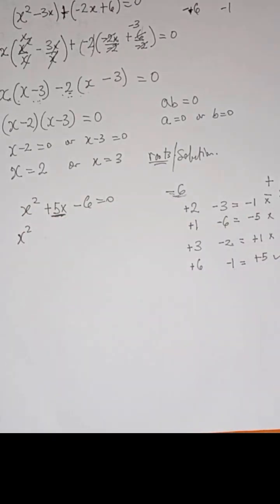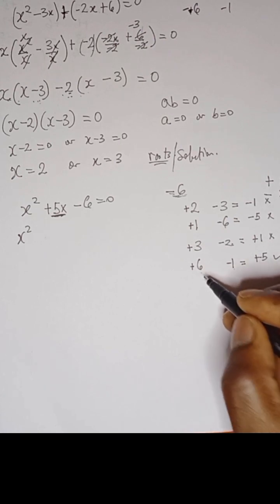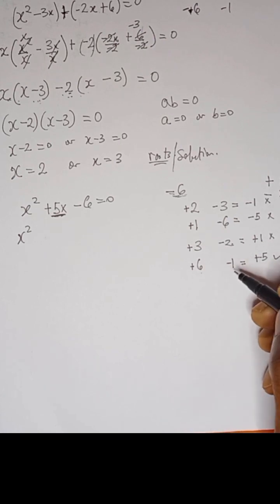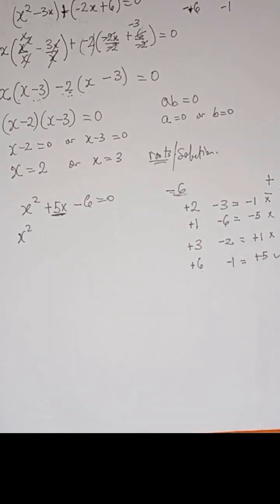I advise my students that when you have one positive factor and the other negative, try to write the negative factor first and then the positive later. You shall soon see why; it's just to make things easier for you.